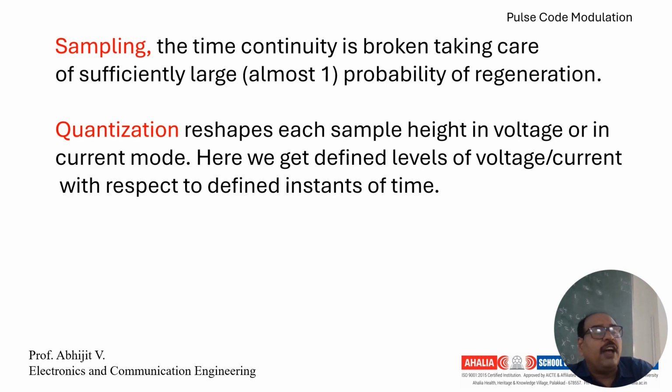This means that sampling is something in which we are going to avoid all the redundant parts of a signal in such a way that we are able to reconstruct the original signal by the dots that are available, right? Instead of sending a line, if this is the signal, if you could send it in terms of small samples, this particular signal can be regenerated at the other end. This process of eliminating the spaces here is called sampling.